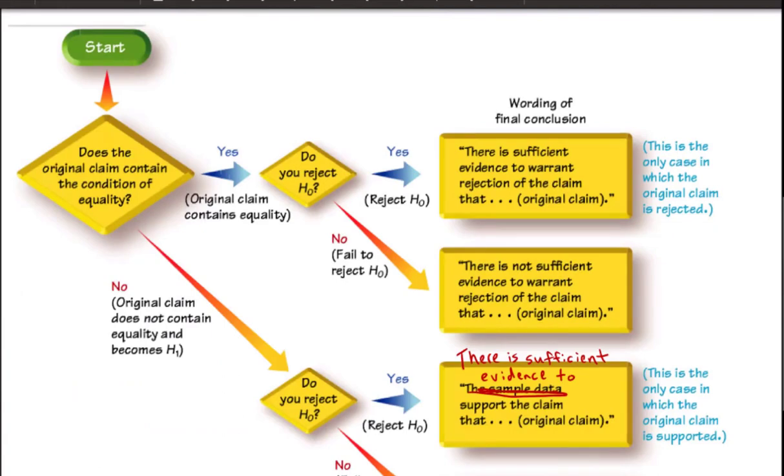Does it have equal? Well, it was less than 65 miles per hour, so no, it didn't have equal. And we did end up rejecting the null hypothesis. So we're basically going to say there is sufficient evidence to support the claim that the speed is less than 65 miles per hour during that time of day.